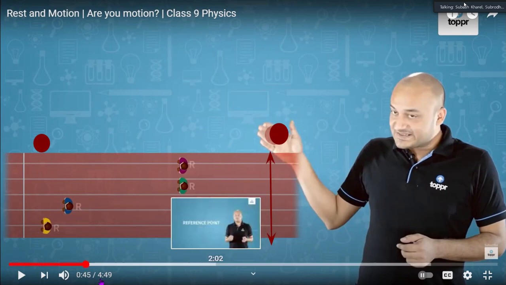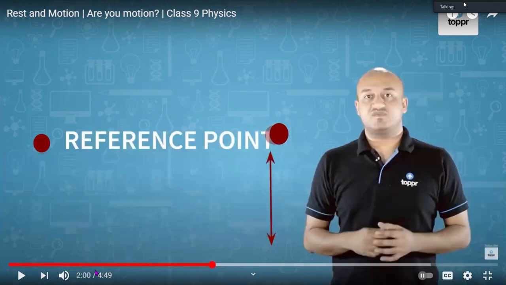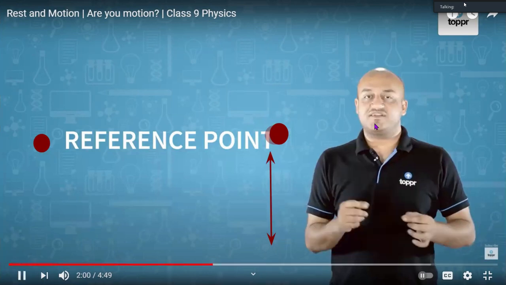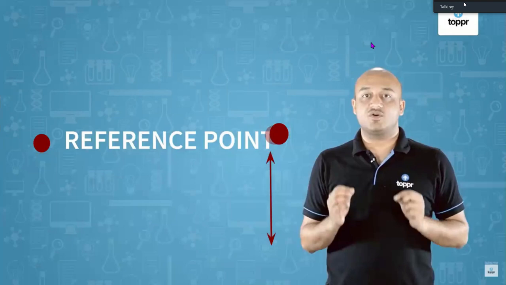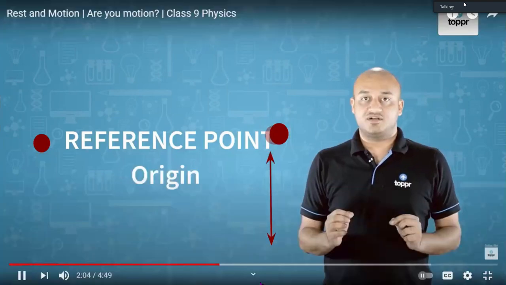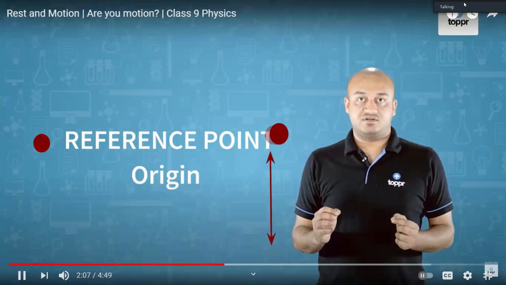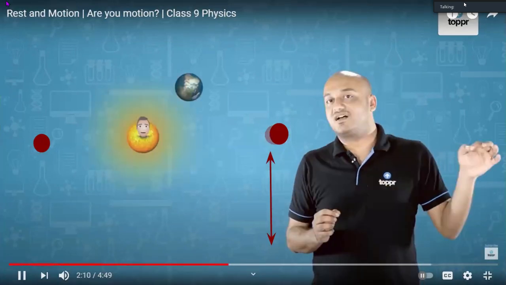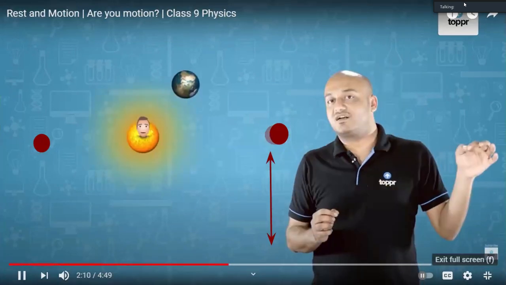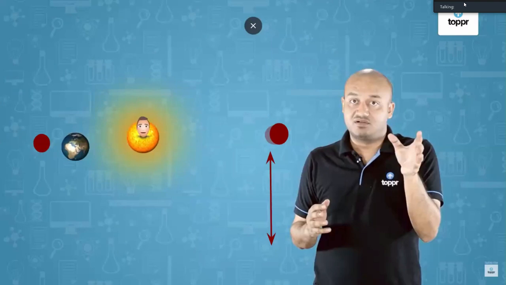No. That's why. Look here. A reference point is also referred to as origin. Now let's look at some examples. Let's say if the reference point was at the sun, which means somebody is actually observing from the sun.